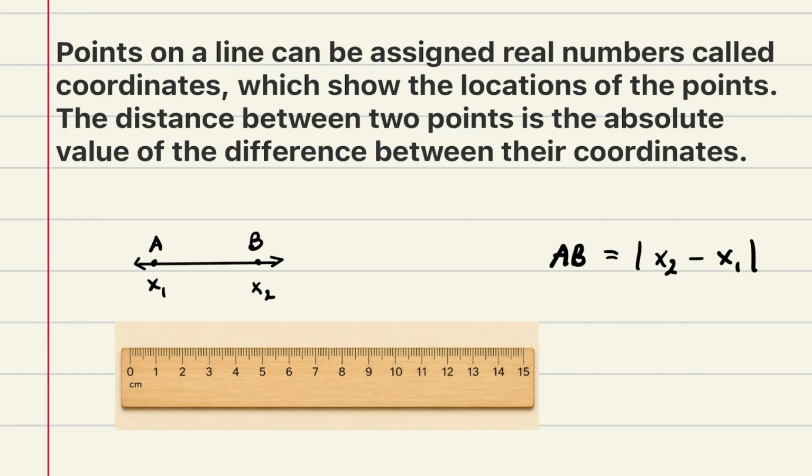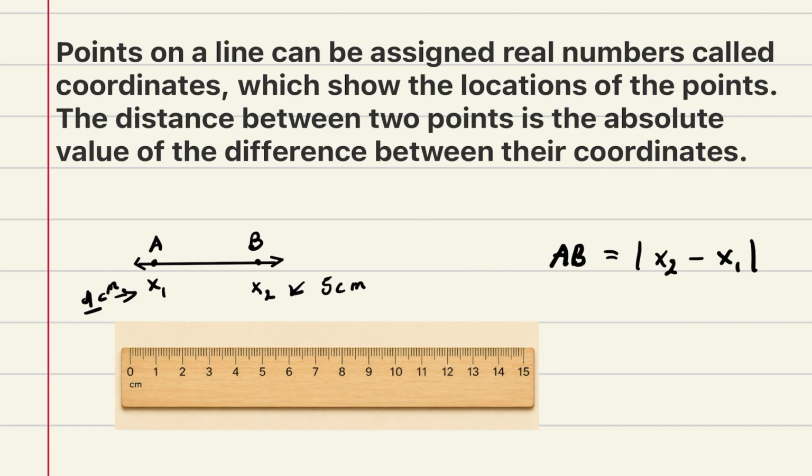Okay, so let's say for instance in this case A is equal to 1 and B, actually let's put it down to the coordinates so that you can understand it better. So x1 is 1, so it's 1 centimeter to be more exact, and x2 is 5 centimeters.